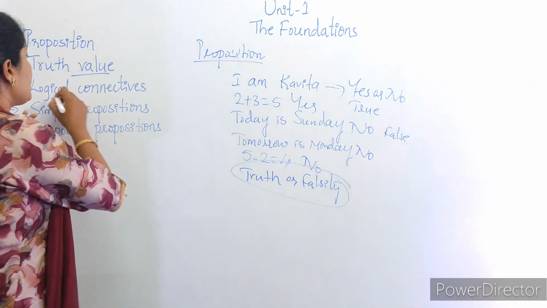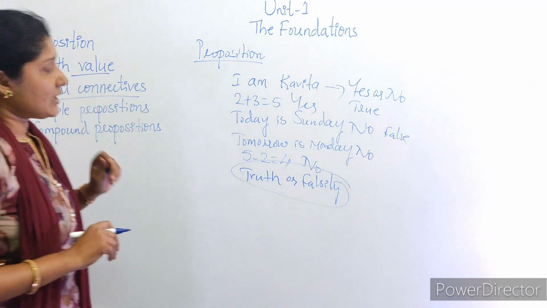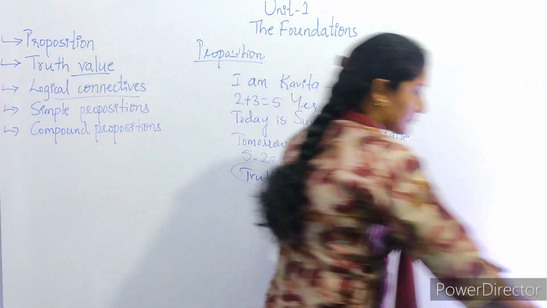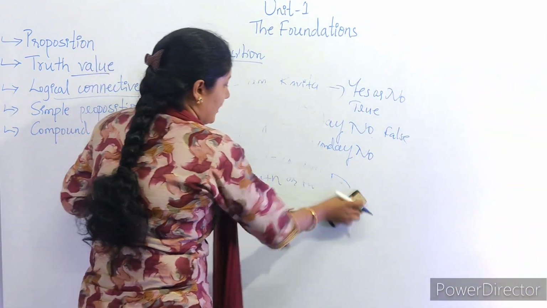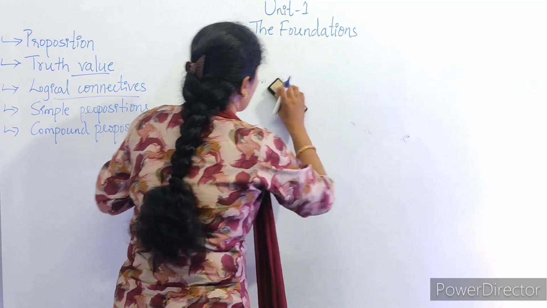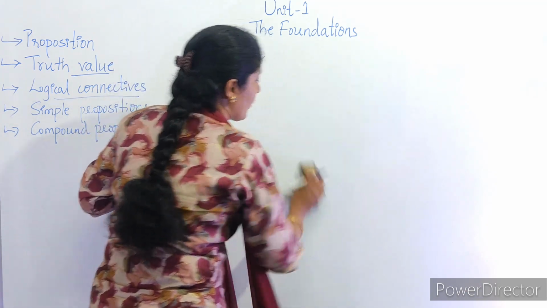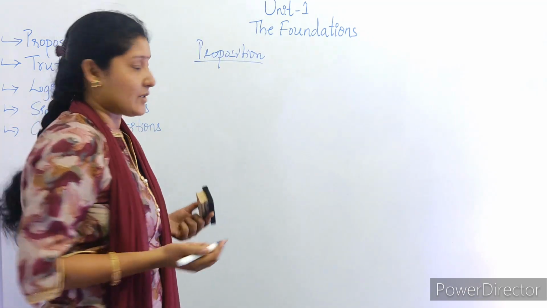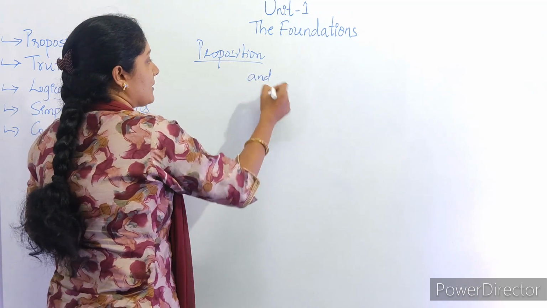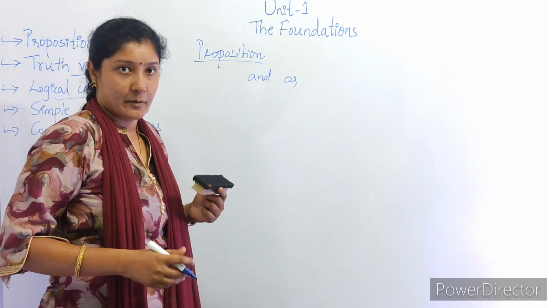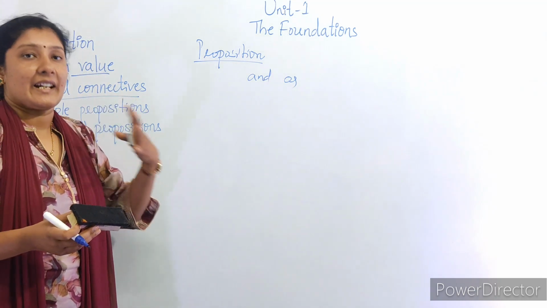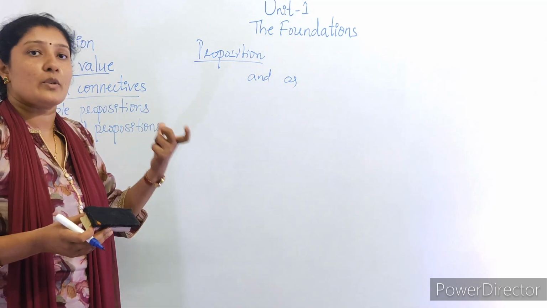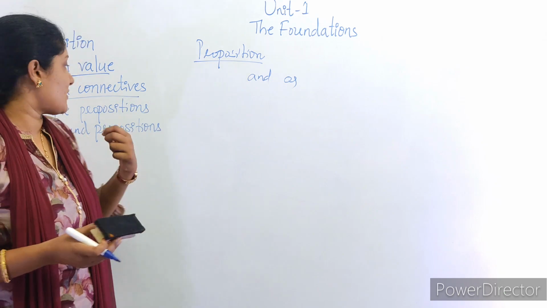So next, logical connective. See, logical connective means, see in English, usually we use some words to combine two sentences. For example, and, or, like that, okay? So similarly here also, connective means what? It connects. What it connects? Two statements or two propositions we can say.